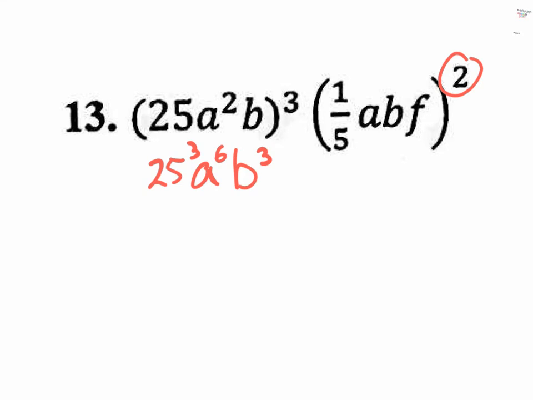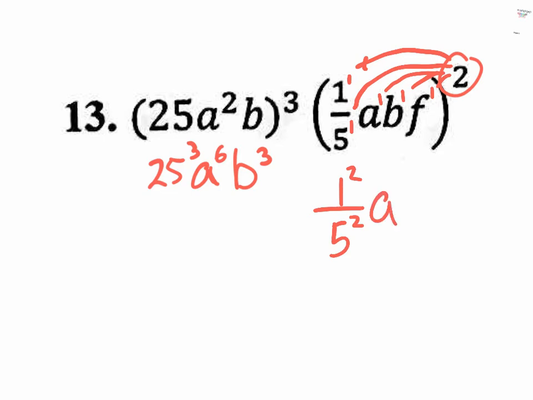So what I want to do is represent all my exponents on the inside. It's a 1 to the 1, a 5 to the 1, an a to the 1, a b to the 1, and an f to the 1. And I want to take that power of 2 and multiply on each of those. And I'm going to end up with 1 to the 2nd over 5 to the 2nd, a to the 2nd, b to the 2nd, f to the 2nd.